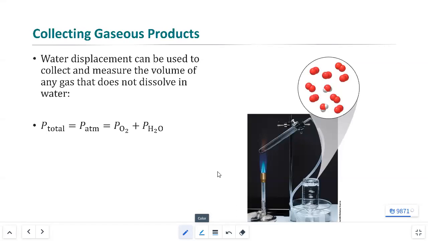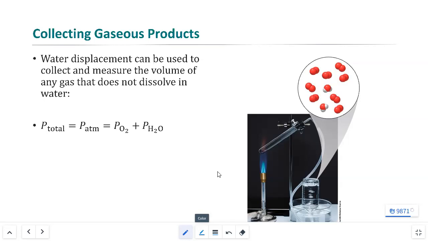Where we use this the most often, though, and you did this in your lab, that molar volume of gas lab, you basically used this principle. You were collecting oxygen gas over water, and because you were collecting it over water and water evaporates, that volume of gas that you measured and the pressure that you assumed to be atmospheric was actually a combination of two gases. It was the oxygen gas that you were interested in and a little bit of water vapor as well.